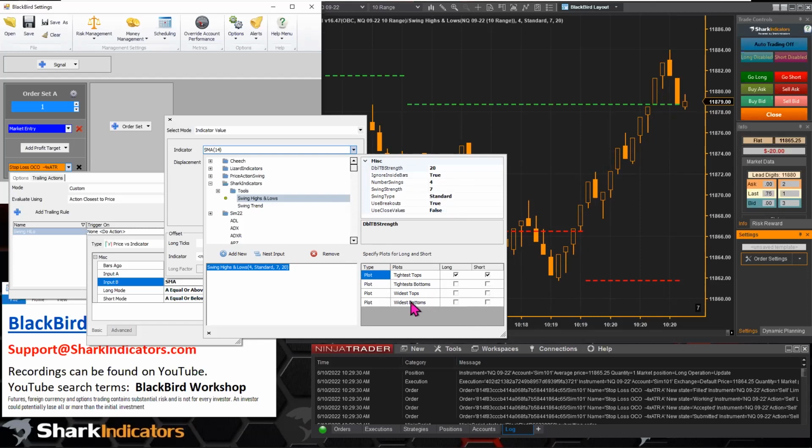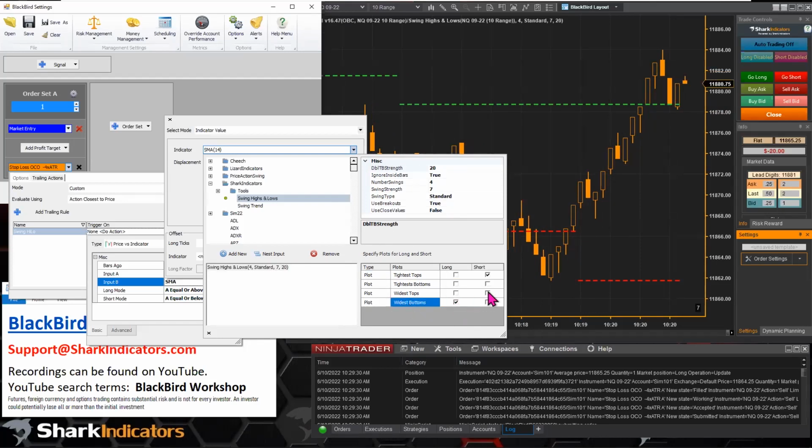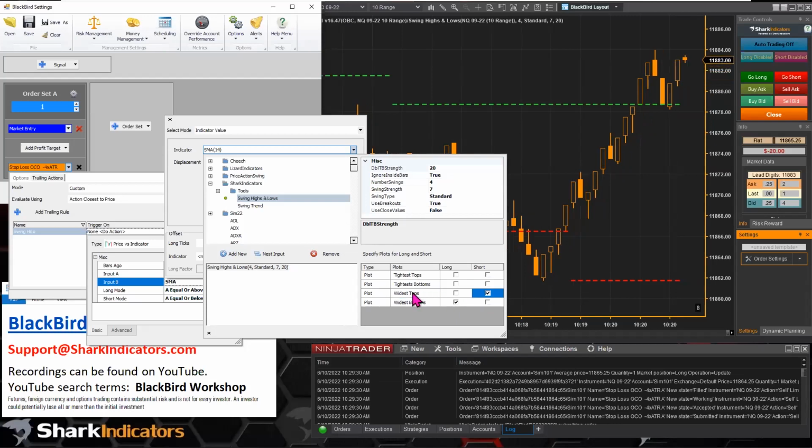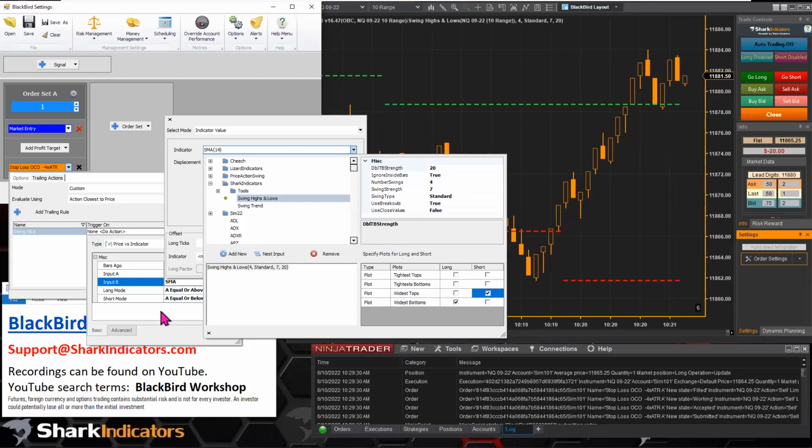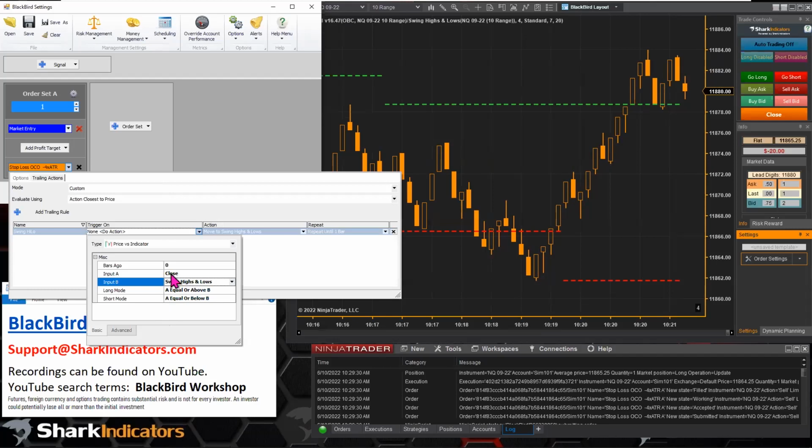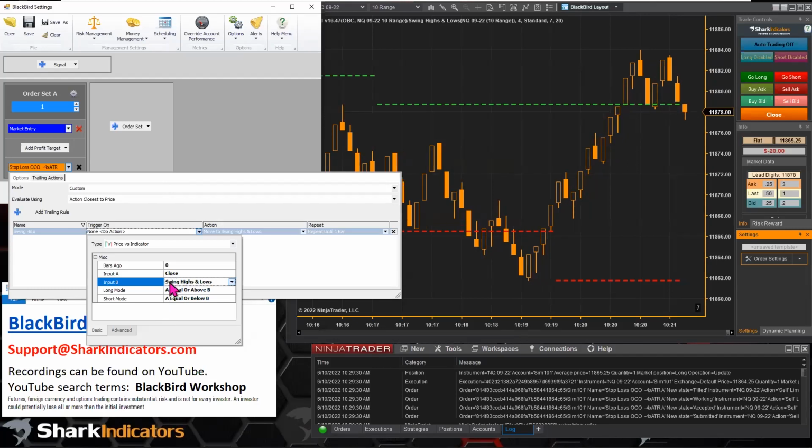For a long trade, I want the widest bottoms. For a short trade, I want the widest tops. There we go. So we're comparing the close of the bar to the swing highs and lows indicator.